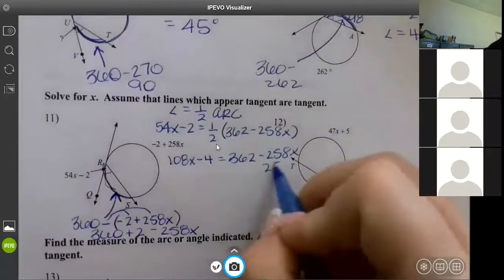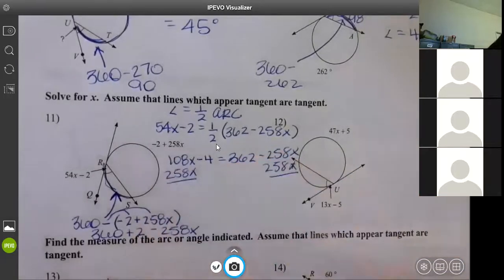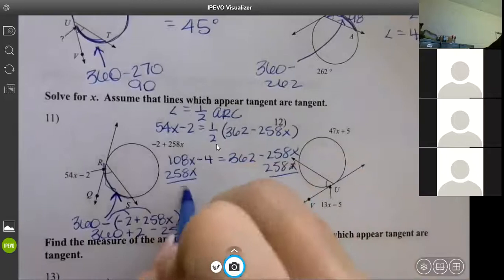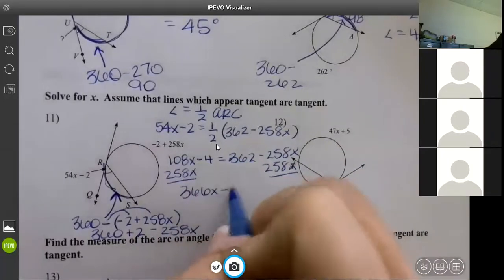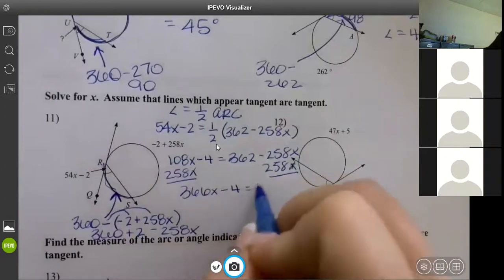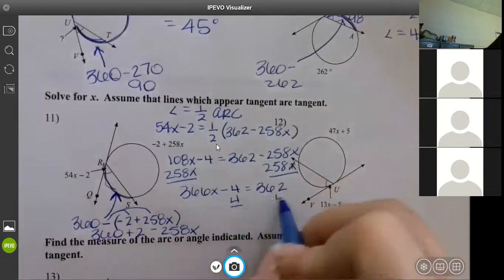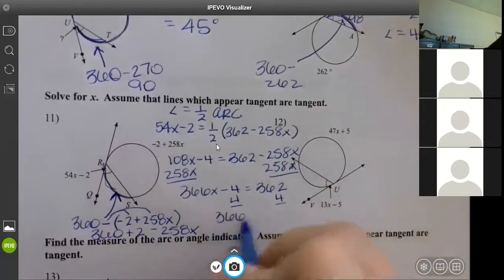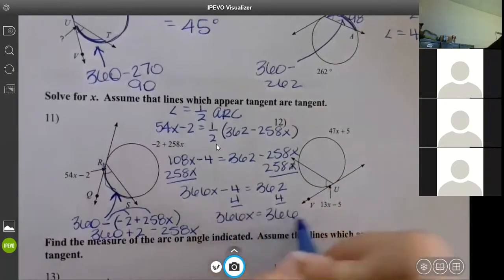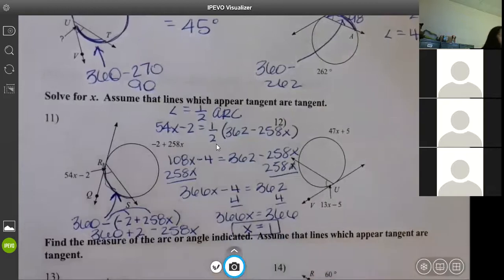I'm going to add 258x to both sides. 366x minus 4 equals 362. Add 4. 366x equals 366. So what is x going to equal? 1. Divide by 366, you get 1.